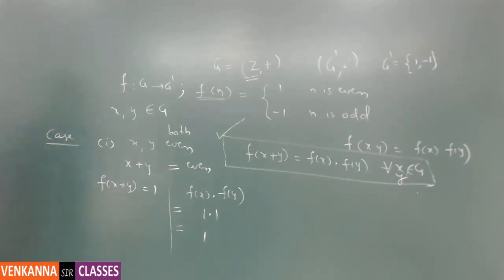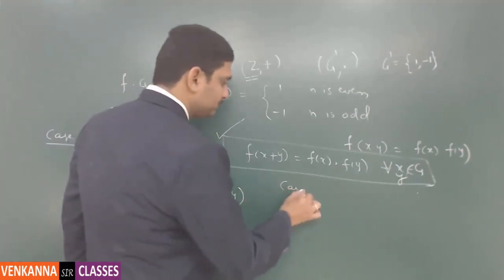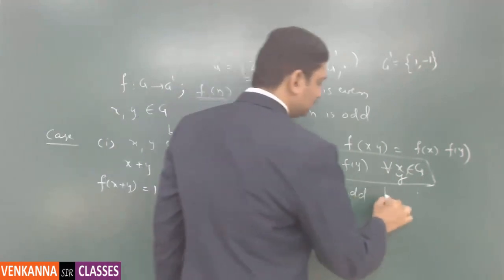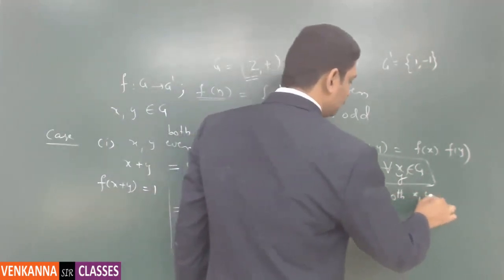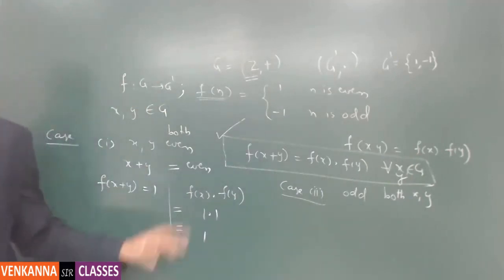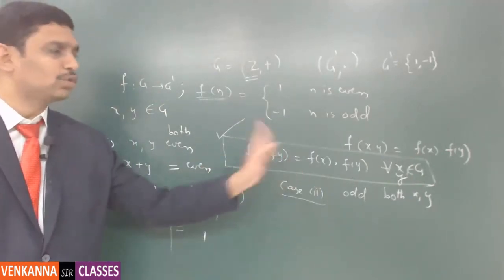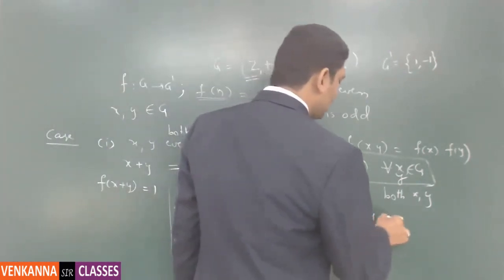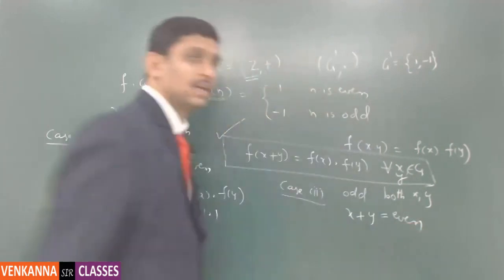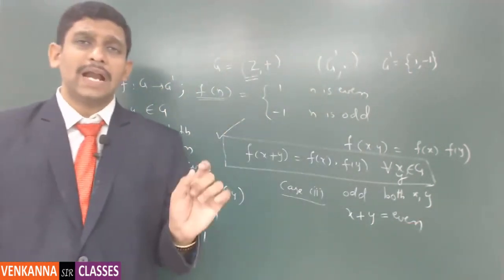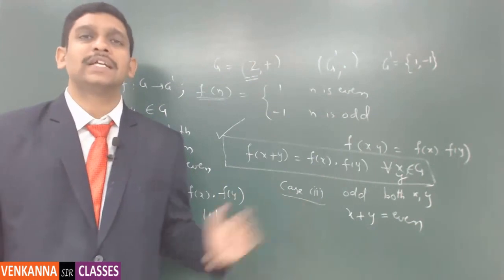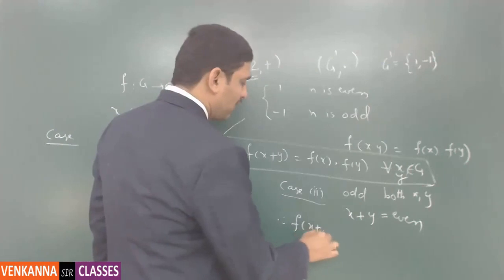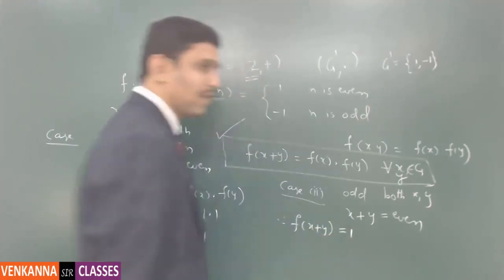Now, take the second case, that both values are odd. I have taken in the domain two values x and y and both are odd. Then in that case, x + y is even, because whenever you add two odd integers, the result is an even integer. Therefore, f(x + y) is 1.